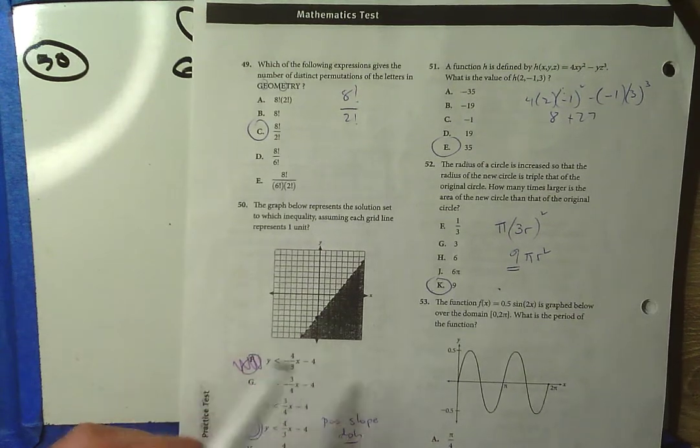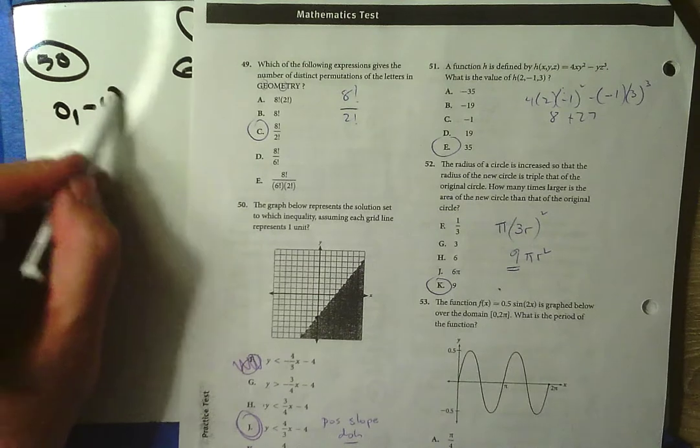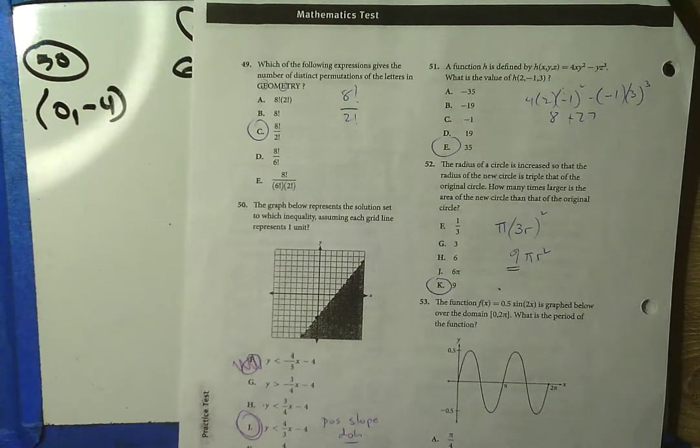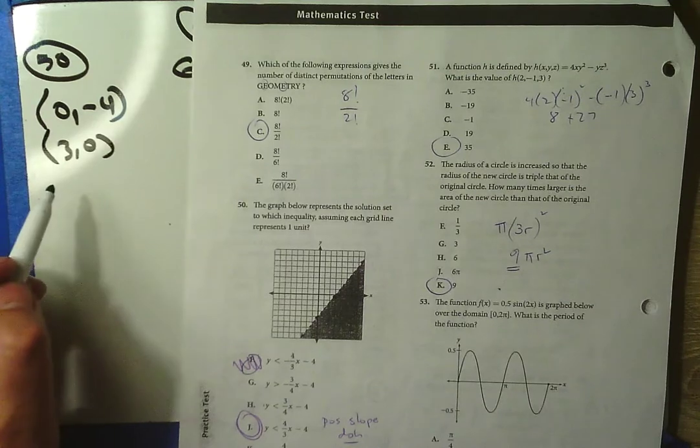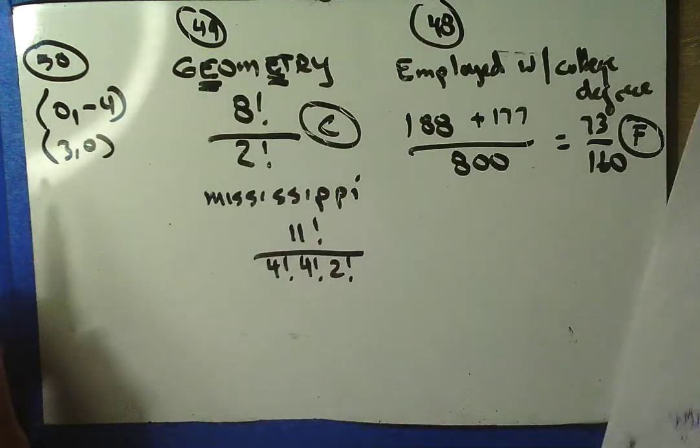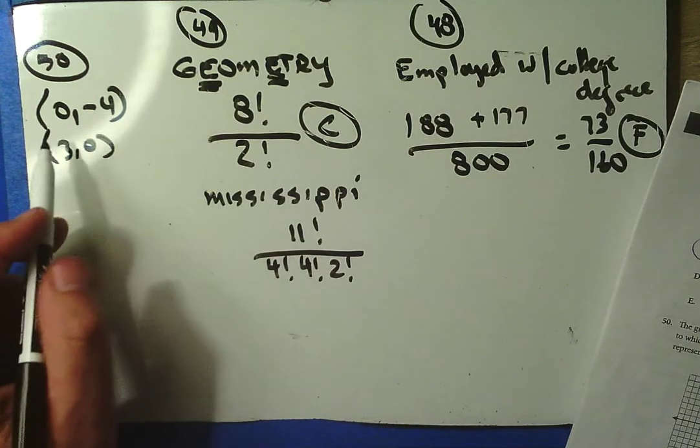So it looks to me like 0, -4 is a point on that line. Now, I'd like to find another point on that line, and it kind of looks like 3, 0 is a point on that line. So let's take a look and see what we can do here.